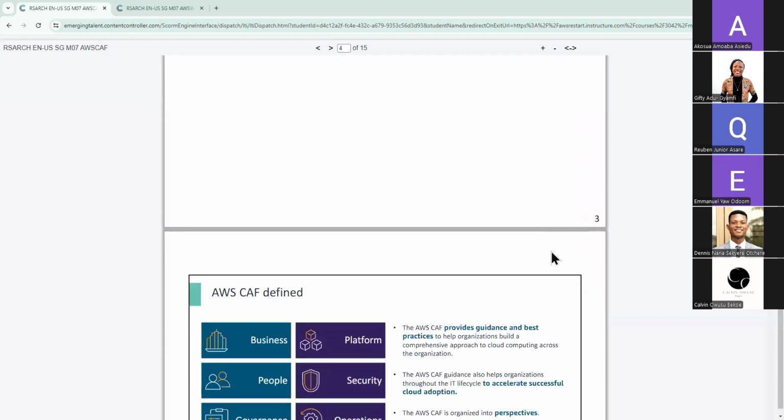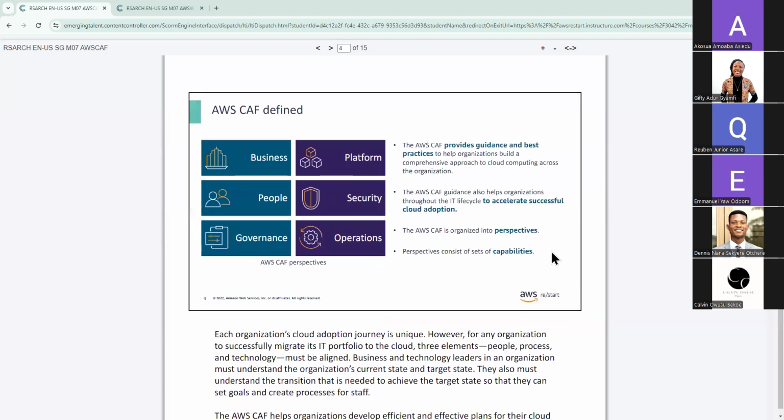So it's called AWS CAF, Cloud Adoption Framework. It provides guidance and best practices to help organizations build a comprehensive approach to cloud computing across their organization. It helps you to get a faster and successful cloud adoption.